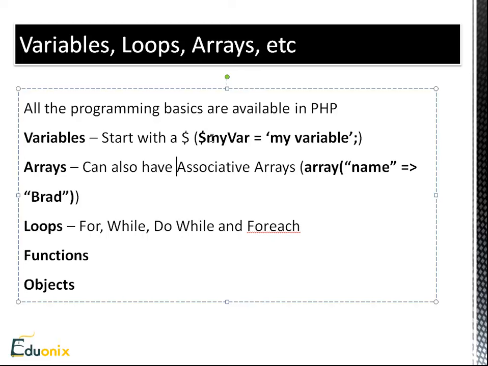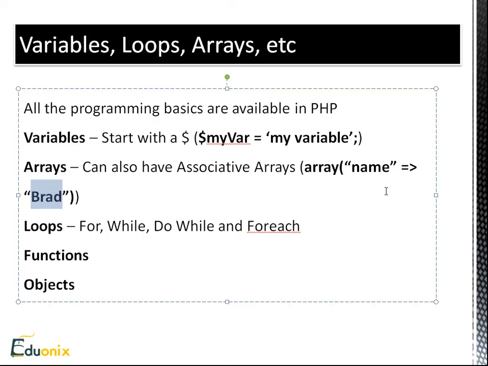Arrays, we can also have associative arrays, which are extremely helpful. So we can create an array and we can give it a key. So we have name as a key and then a value, in this case is Brad. Okay, so it's also known as a hash. If you've worked with Ruby on Rails or some other languages, this is sometimes called a hash.